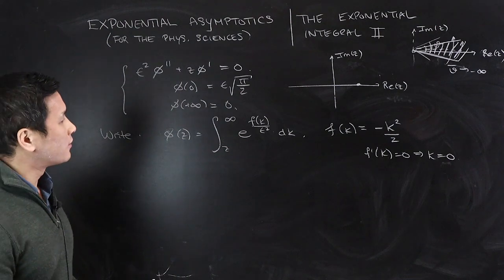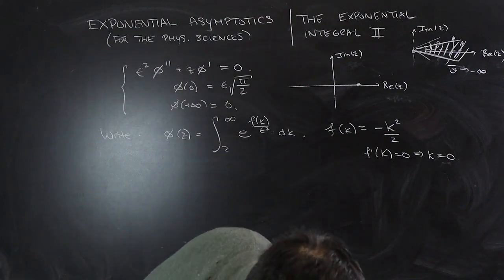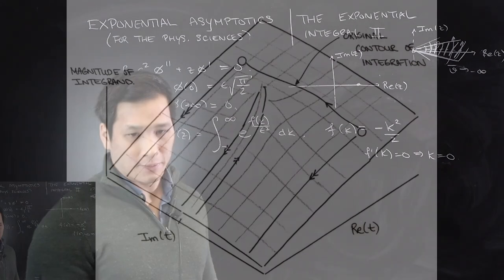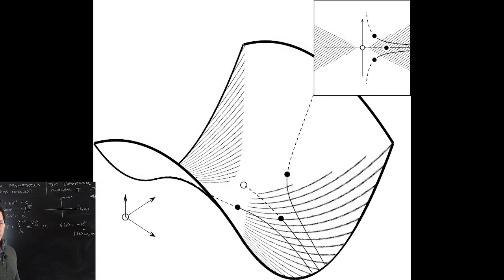All right, so let's start with the first picture. I'll see if I can draw the picture on the board in a minute. Okay, but this is essentially the picture of the steepest descent path for that integral.